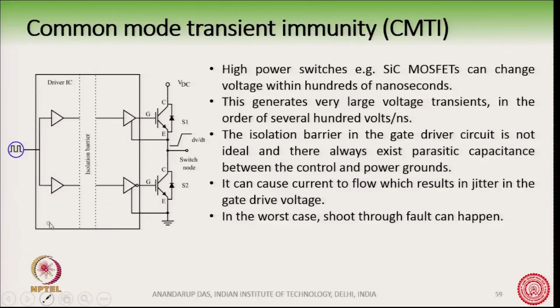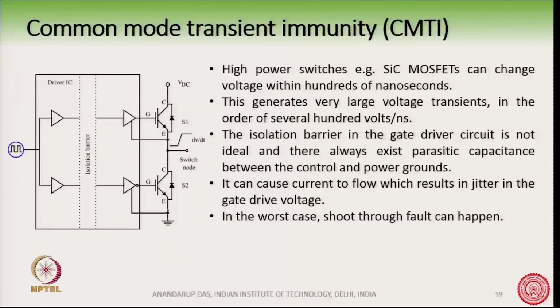So, for example, here you can see when this device is turning off, the voltage VCE has a very large dV by dt across this terminal, okay, because it is turning off maybe within hundreds of nanoseconds. And this voltage VDC can be several hundred volts, maybe 1 kilovolt also.